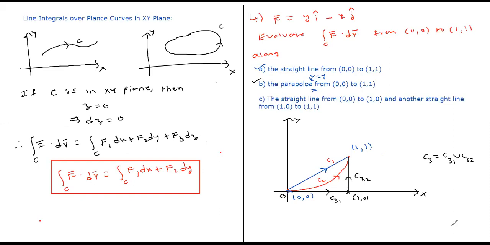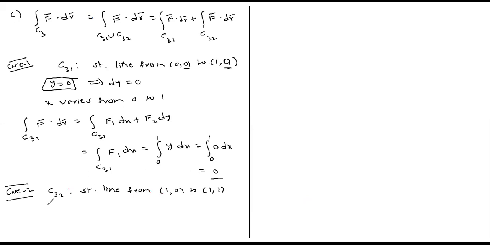Any line parallel to the y axis, there is no change in x. What is the x value? x equal to 1. This implies that dx equal to 0. So which one is varying? y varies from 0 to 1.